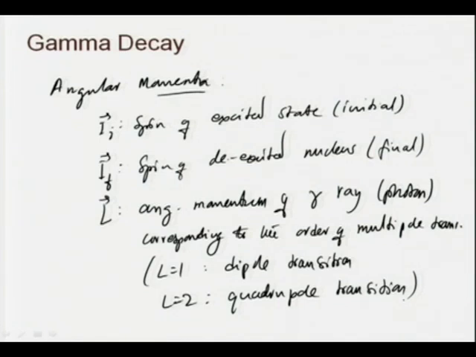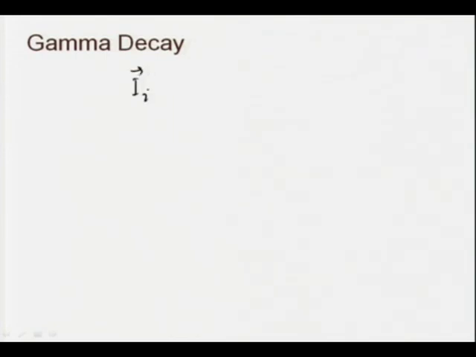Now, the angular momentum conservation will tell you that I_i is equal to I_f plus L, where plus is an angular momentum addition. So, let us take an example.